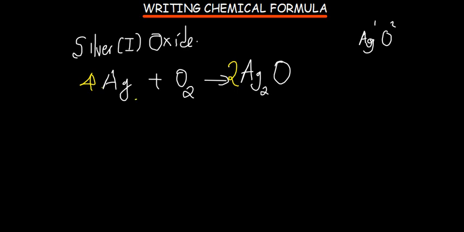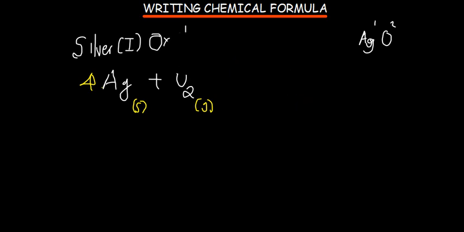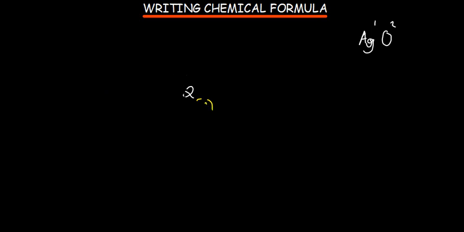Silver is in group 1, silver is a metal, that's a solid. Oxygen is a gas. Silver oxide can be aqueous or a solid, depending on where the reaction is happening. If the reaction is happening in water, it is going to be aqueous.